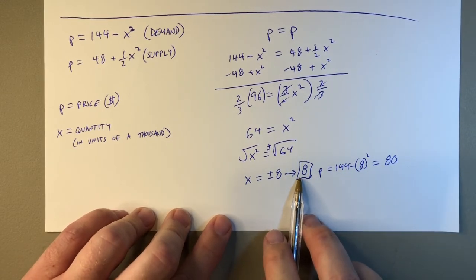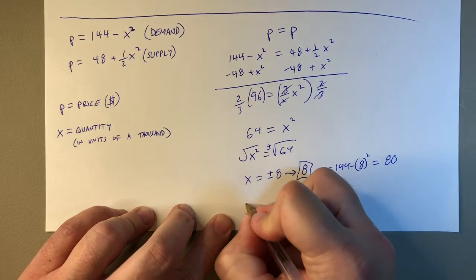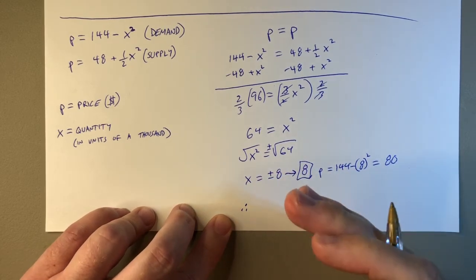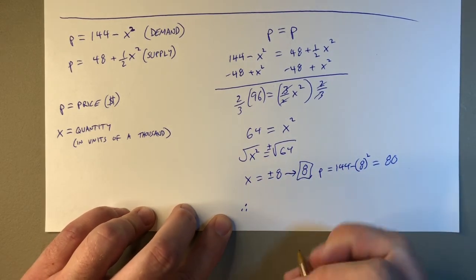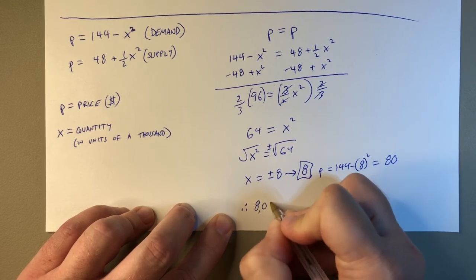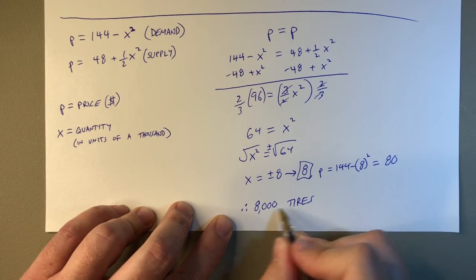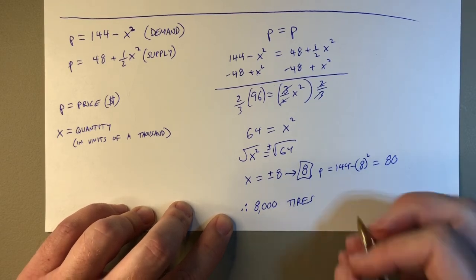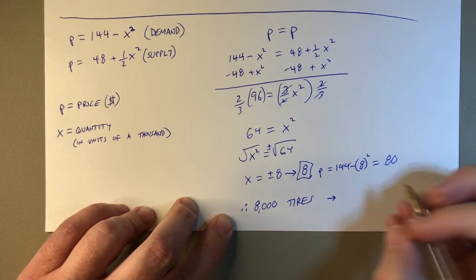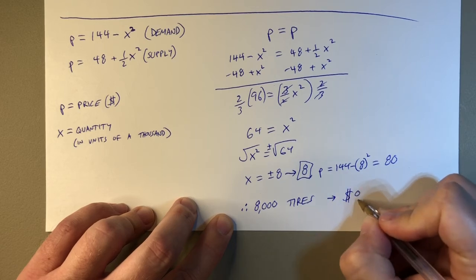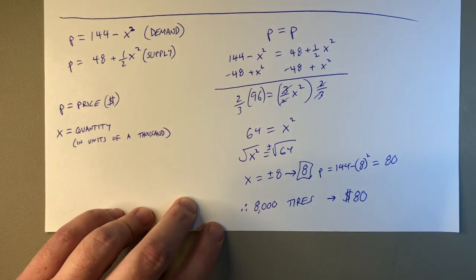This is measured in units of 1,000. Therefore, your equilibrium point would actually be 8,000 tires, which gives us an equilibrium price of $80 per tire.